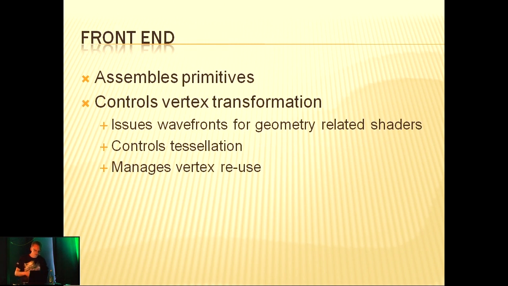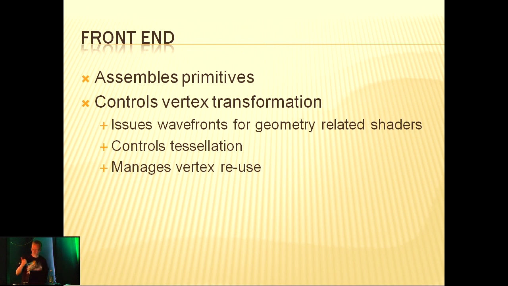From the graphics point of view, the front end is what assembles primitives. It's pretty much like the input assembly stage on the hardware level. It assembles the primitives and controls vertex transformation. So it issues the wavefronts for vertex shaders, geometry shaders, and so on.